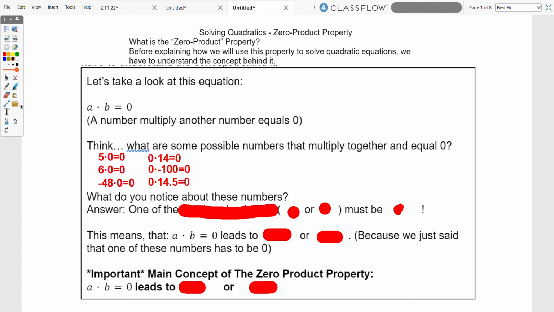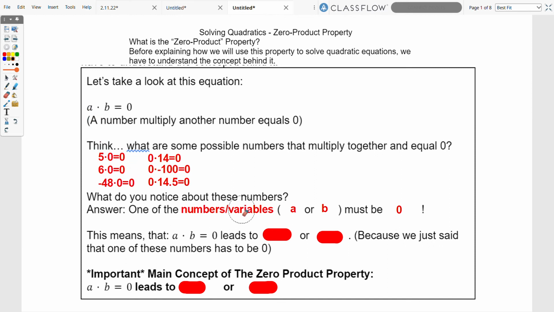What do you notice about these numbers? What I notice is that in every single one of these multiplications, one of the numbers, either the A or the B, the first number or the second number, always has to be 0. In order for two things to multiply together to become 0, one of them has to be 0.